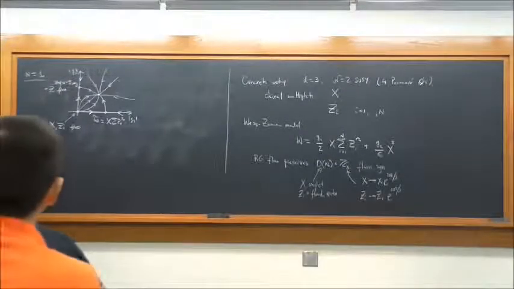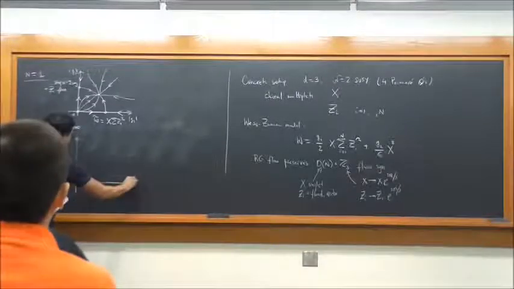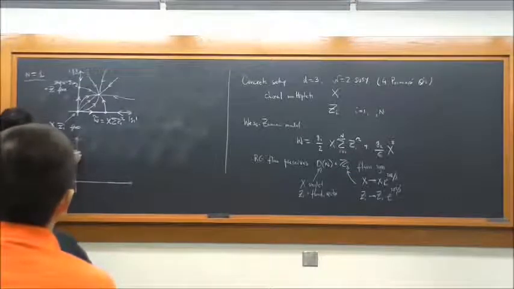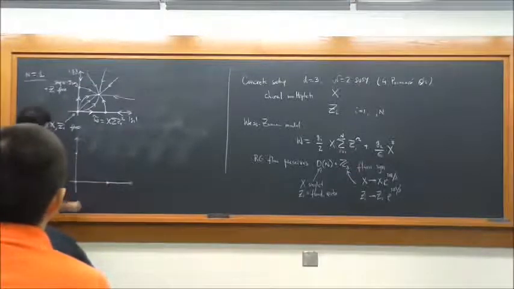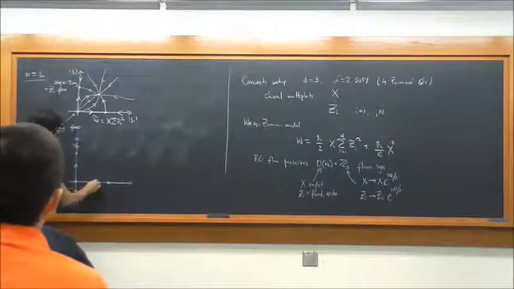For n bigger than 2, they look like this. There are only 3 fixed points, one at the origin, one on the x-axis, and one on the y-axis. And the flow lines look like this.